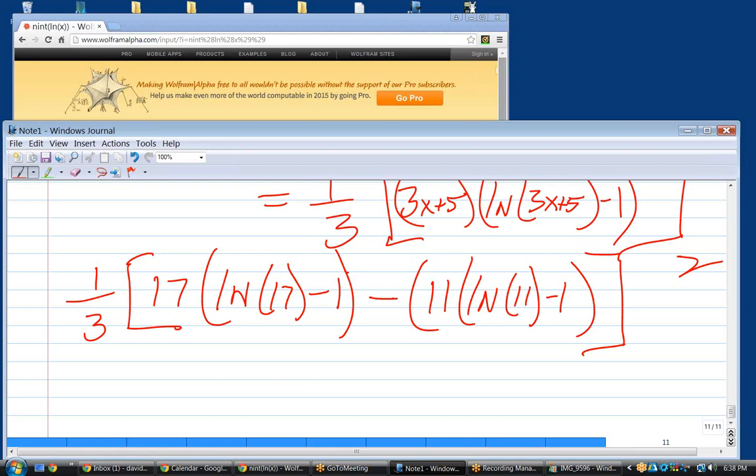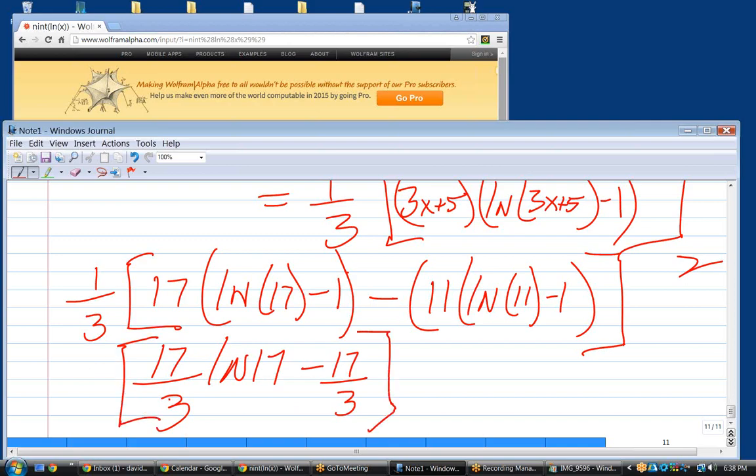So let's see. We can simplify this thing. If I multiply this whole thing out here, I get 17/3 times natural log of 17 minus 17/3 minus 11/3 times the natural log of 11 minus 11, excuse me, this was 1.